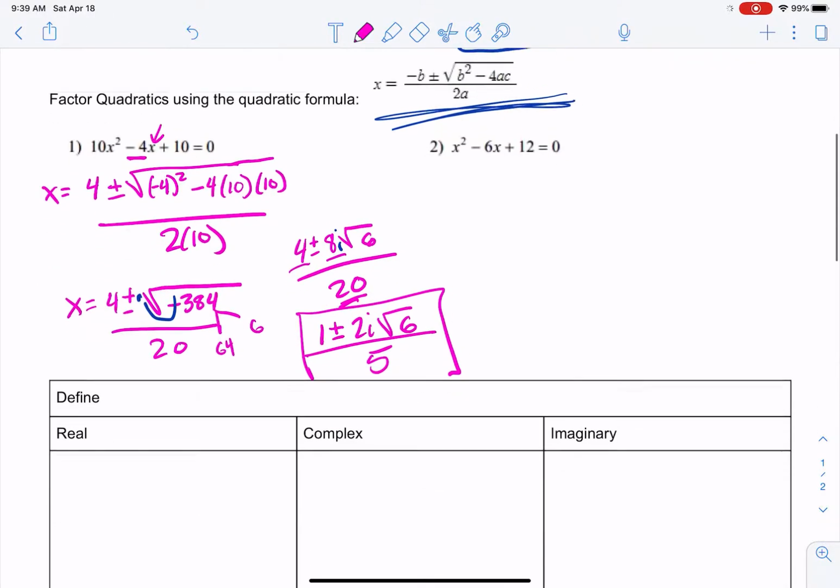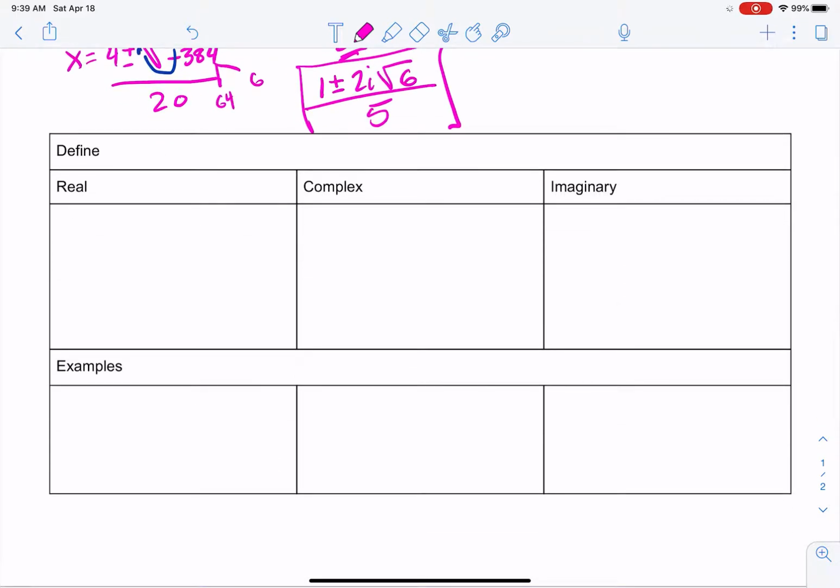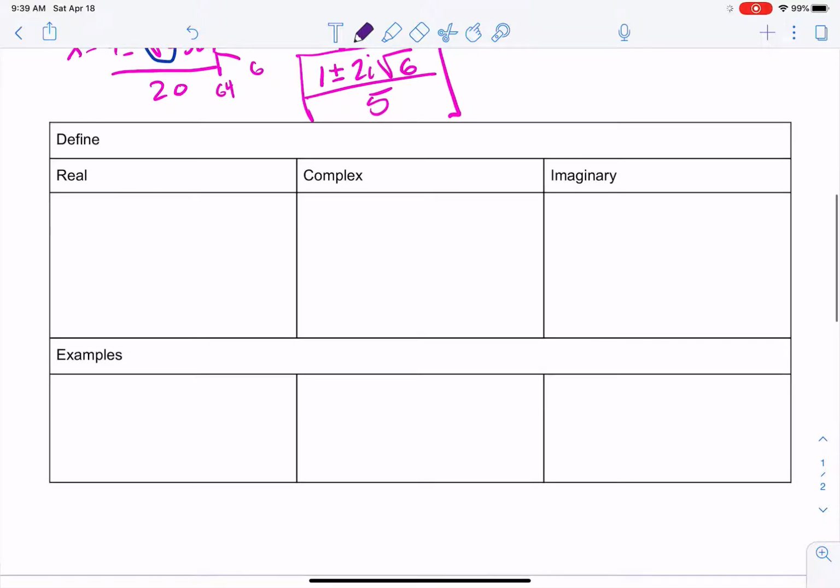Okay, so let's go through what these real, complex, and imaginary numbers are all about. So a real number is most numbers you've experienced in your life. Whole numbers, so any number like 1, 17, any whole number is going to work. Okay, rational numbers are real numbers, and a rational number is something like 3 over 5 or 0.75 or any number that can be written as a fraction.